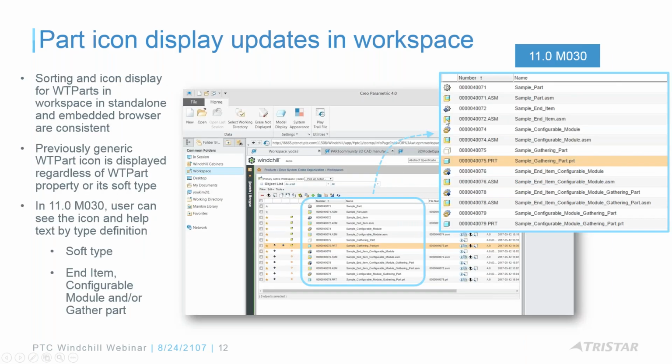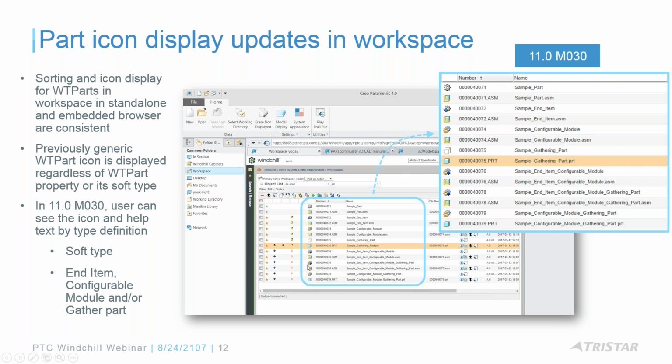Another thing which I really like, especially if I'm working with electrical components and I'm creating electrical parts or supplier parts, or even if I'm not on the CAD side but on the Windchill part display side, especially for configurable assemblies, part instances, is that I can now display the Windchill part icon in the workspace.